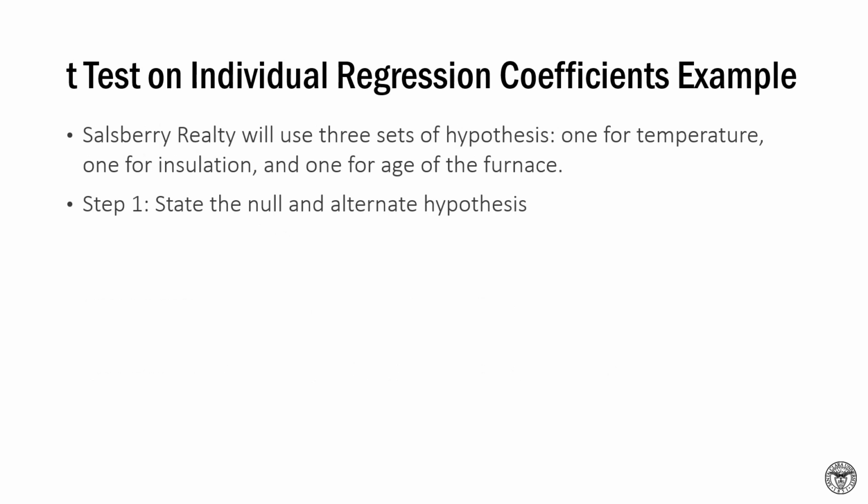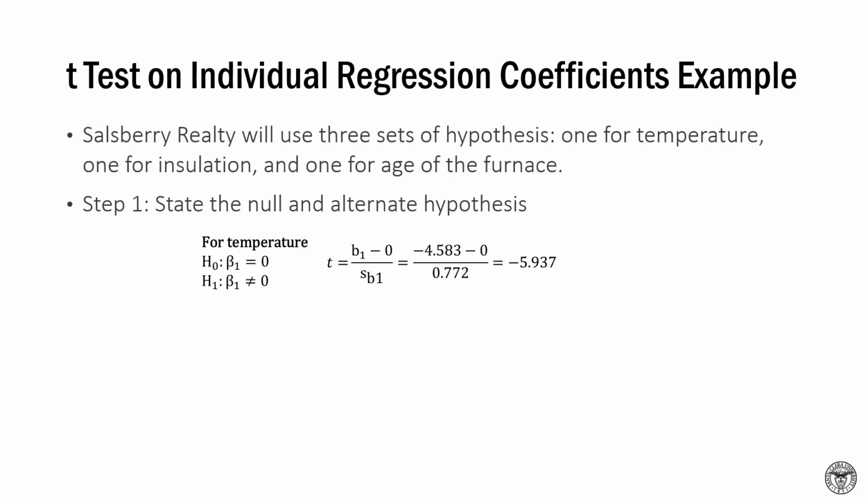In our hidden cost case study, we conduct a 6-step hypothesis test on the coefficient of each independent variable. In the first step, we state the null and alternate hypothesis. Specifically, the t-test statistics are calculated as follows.